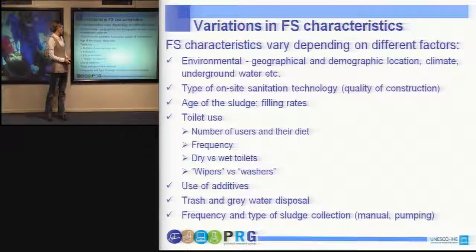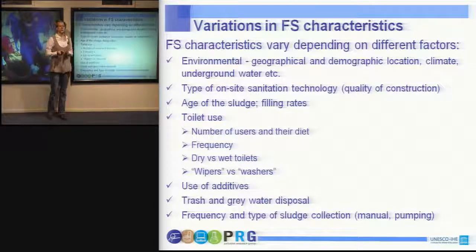Then also we have another factor, which is the toilet use, which is defined by different specifications, such as number of users and their diet. Also the frequency of the use, whether the toilets are dry or wet, whether they're flush toilets or there is no water introduced into the system.